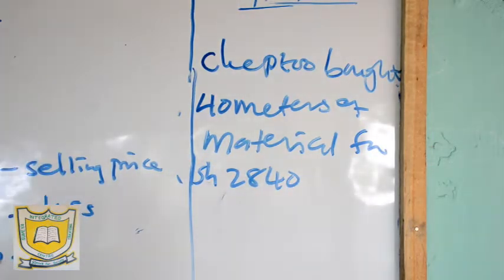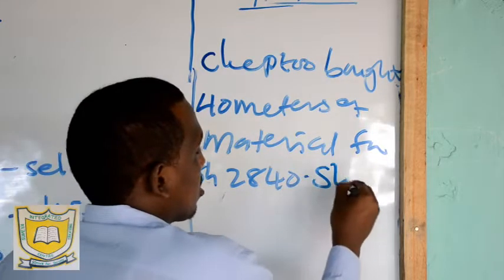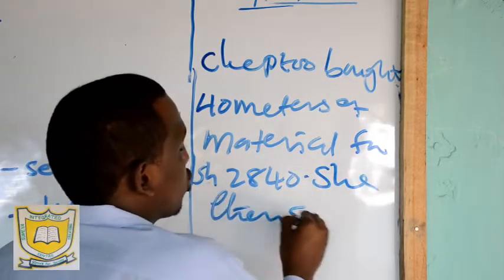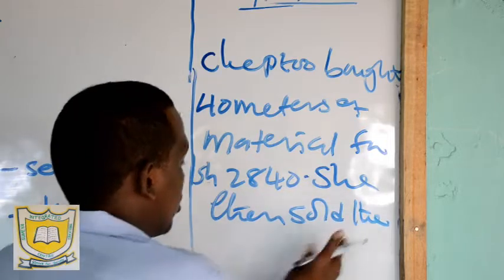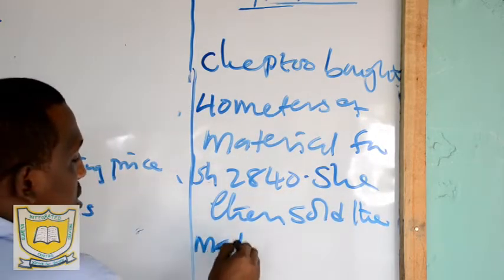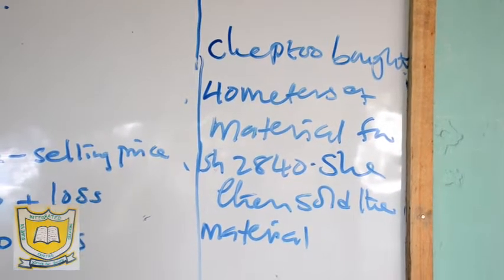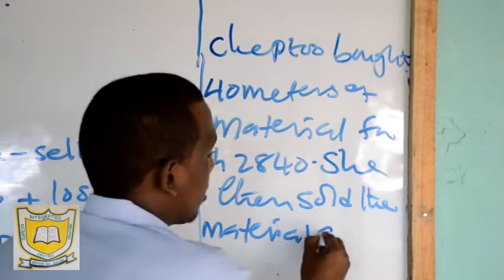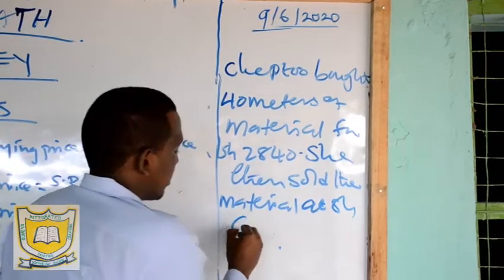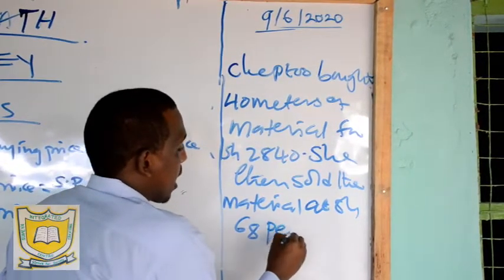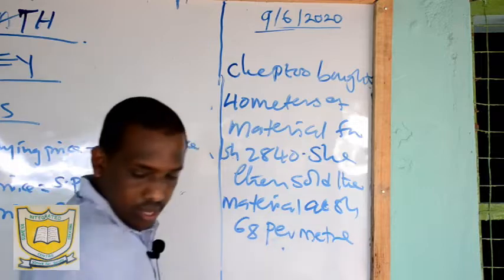Then you are told she then sold the material at shillings 68 per meter.